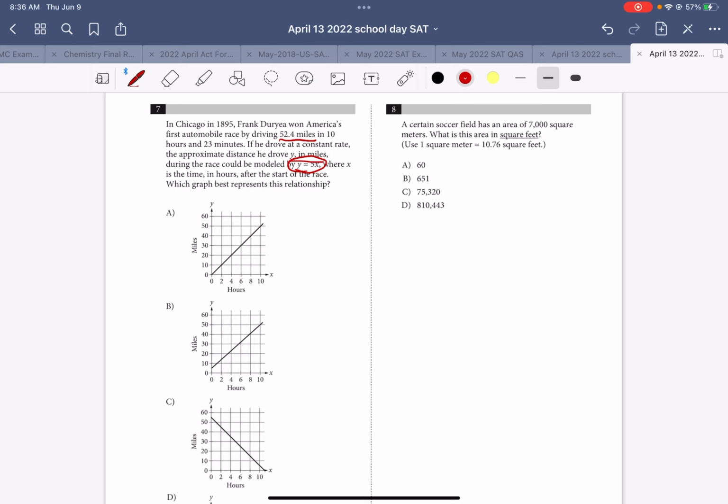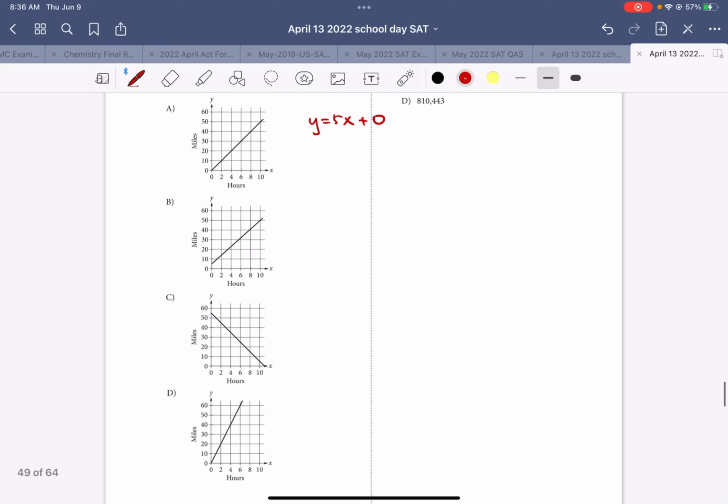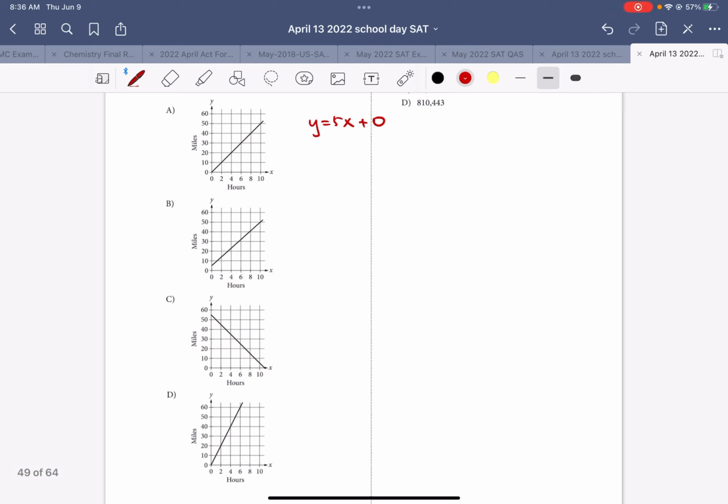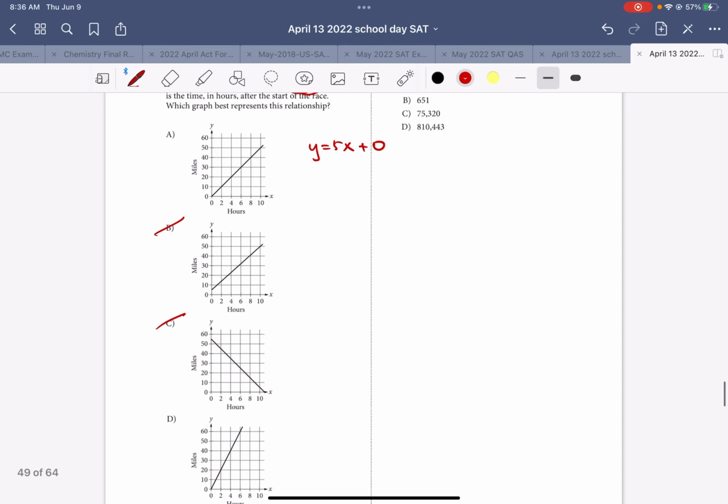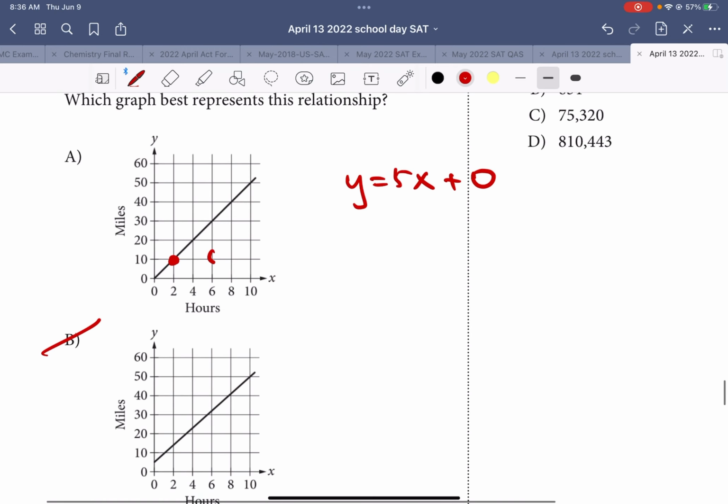Okay, so which one is y equals 5x? If it's y equals 5x, you don't have any y-intercept. So the y-intercept is 0, so it's not A or D. So which one has a slope of 5? The best way is to plug in points, right? 2, 10 here.